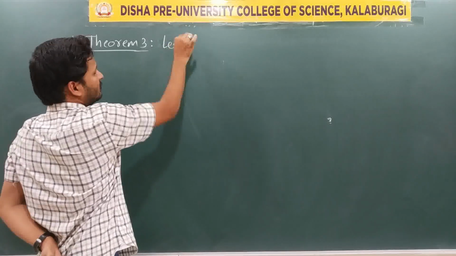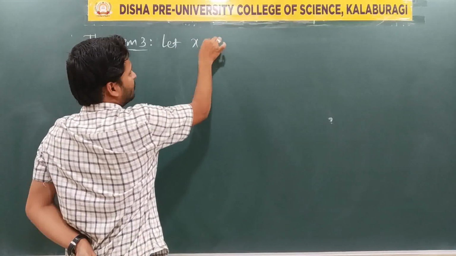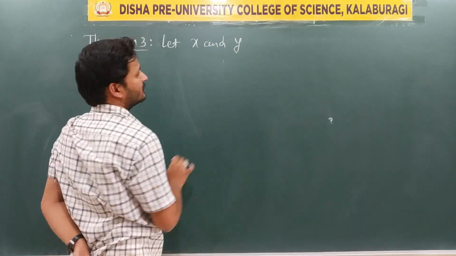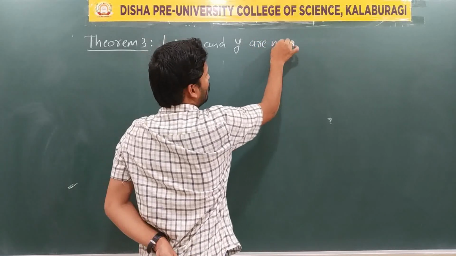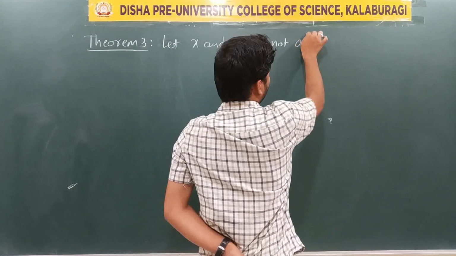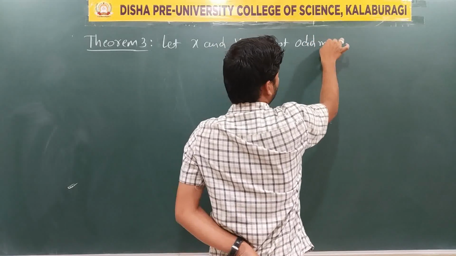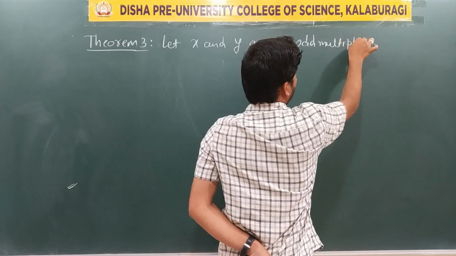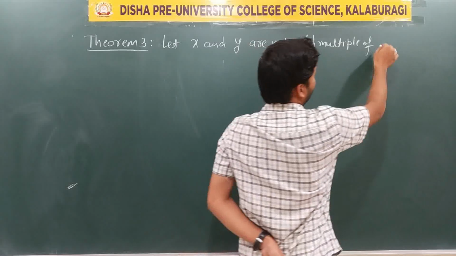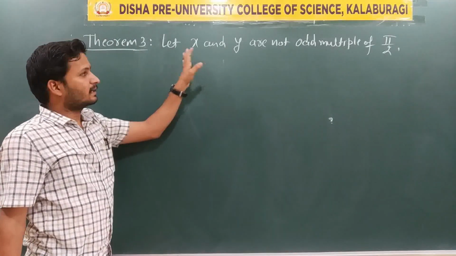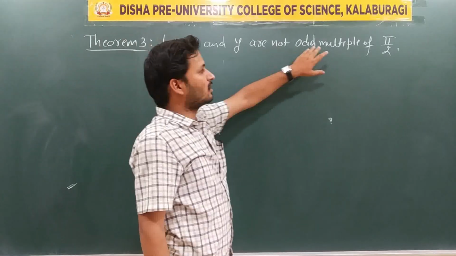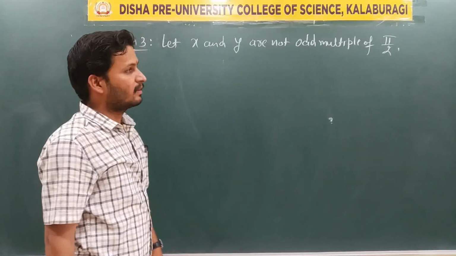So theorem number 3. Let x and y be not an odd multiple of pi by 2.